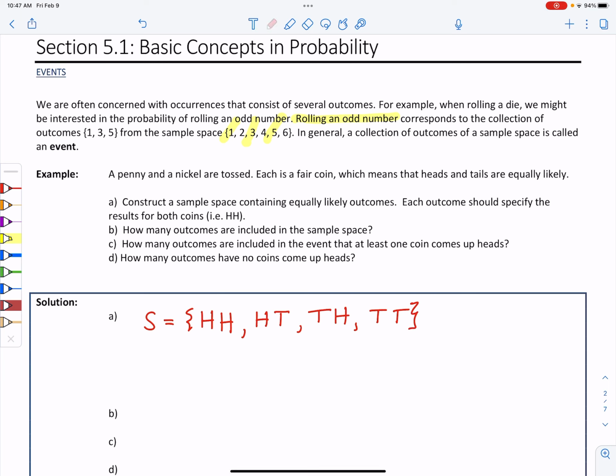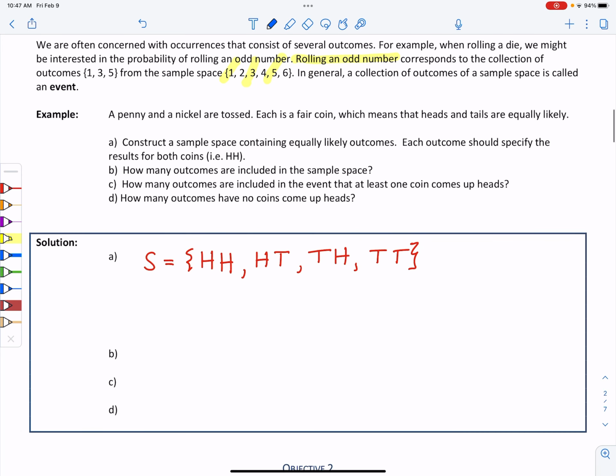Now, if you ever have trouble figuring out what your outcomes should look like when you have more than one thing happening, you can use a tool called a tree diagram, where basically you start and you just look at the first item, right? If we're just thinking about a penny, the outcomes would be heads or tails. And then we can go back and look at the second piece, which is the nickel.